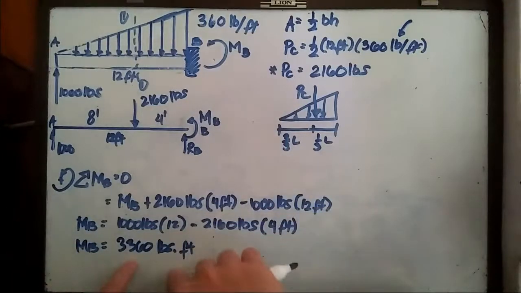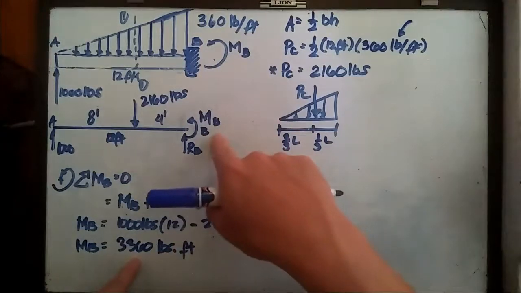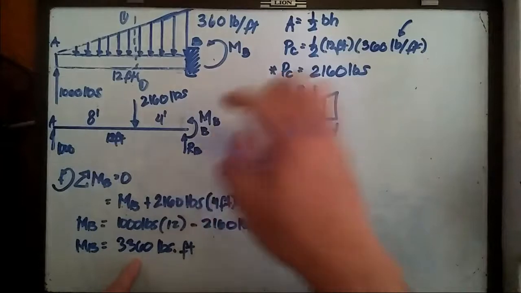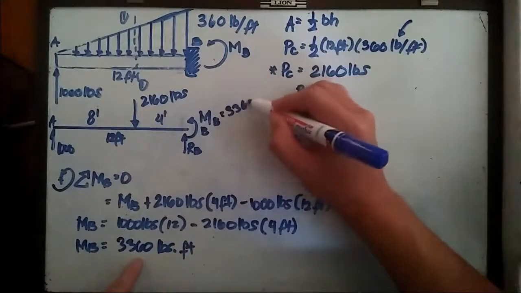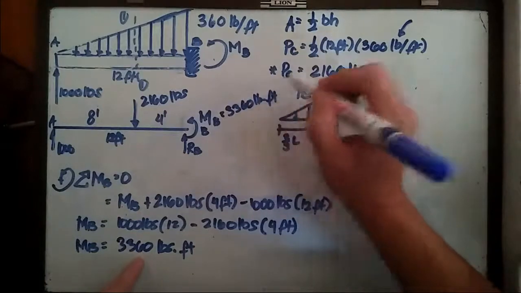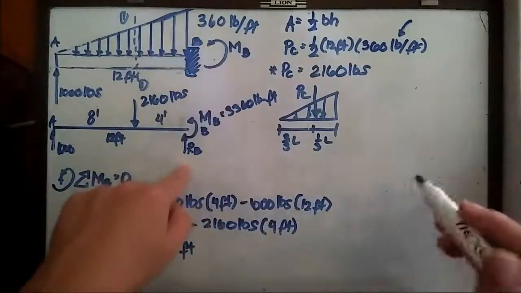Since we have this positive answer, our initial assumption for the bending moment at B is correct. So this one is 3,360 pound-foot.